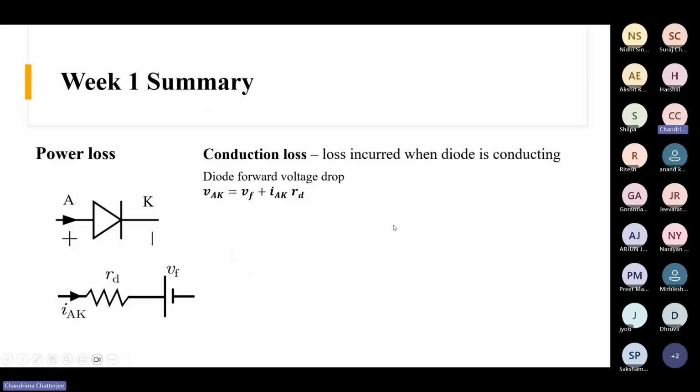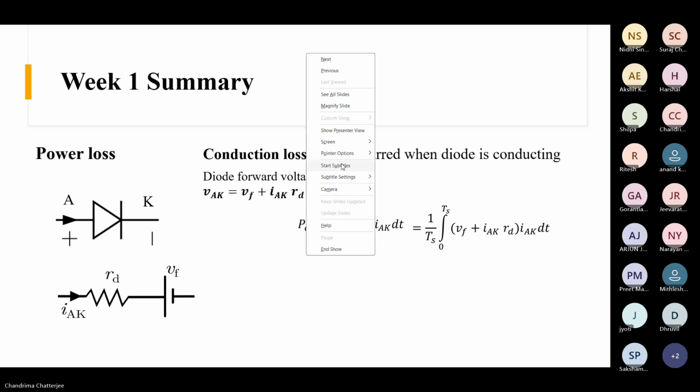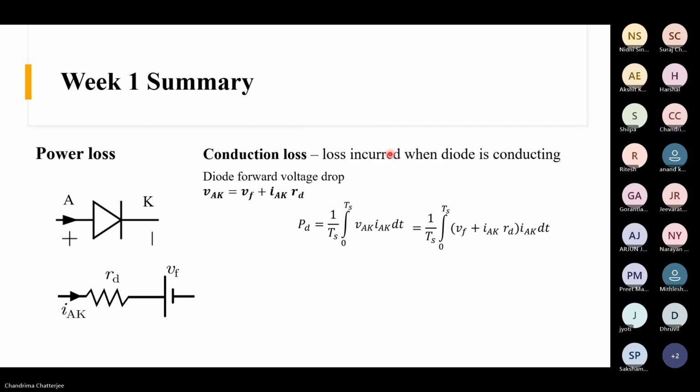Okay, so now if we calculate the power loss during conduction, what will be the power loss? What is the general method of calculating power loss? We will have to integrate. The energy loss is VAK times IAK.